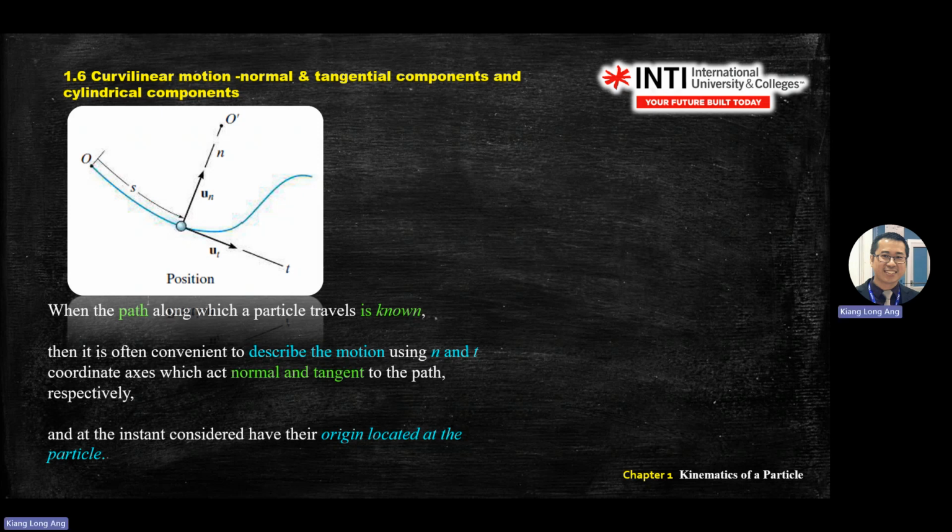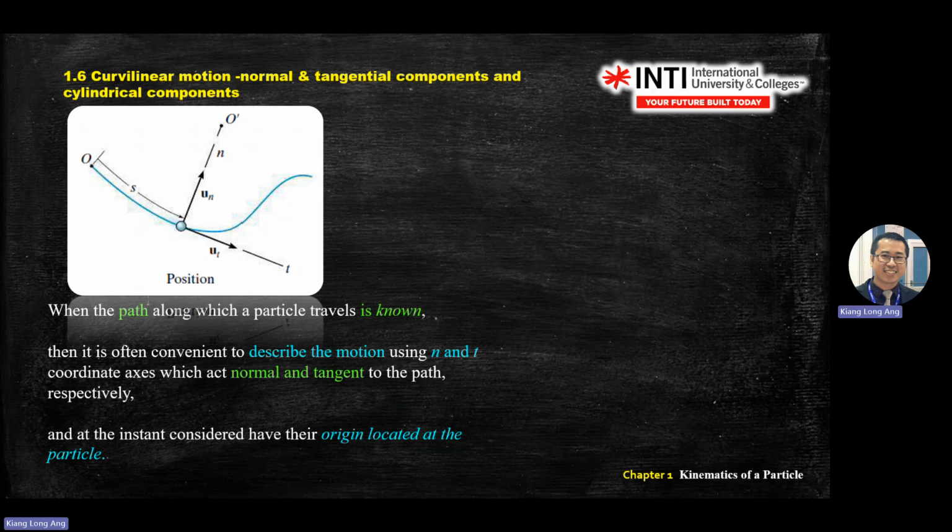Now, for example, I'll give you another. Let's say this particle moves and then it turns this way. What are the tangent and normal axes for this particle at the second half? This is the tangent axis. This is the normal axis.